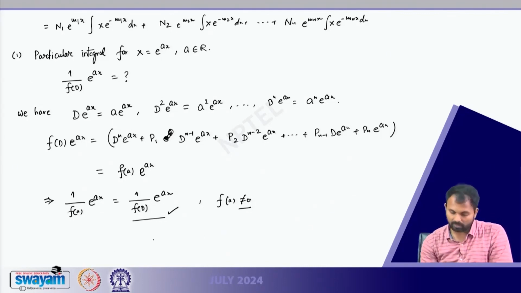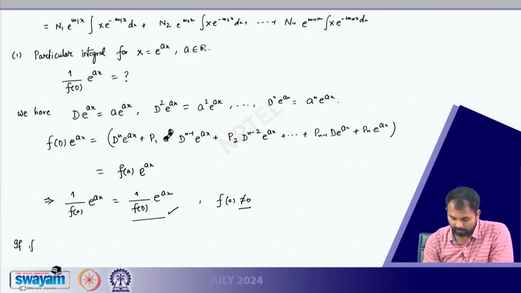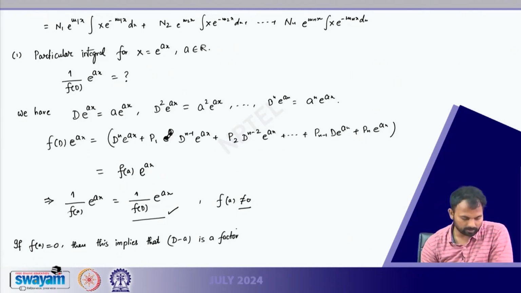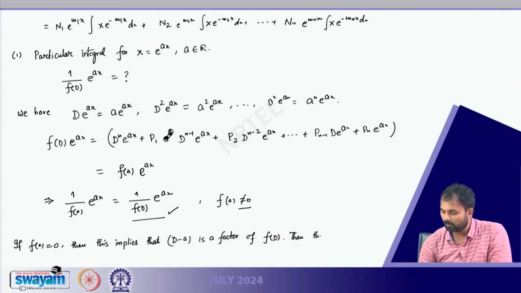And if F(a) is equal to 0, then in that case we have to take the D minus a factor out. So, if F(a) is equal to 0, then this implies that D minus a is a factor of F(D), and then this method fails.